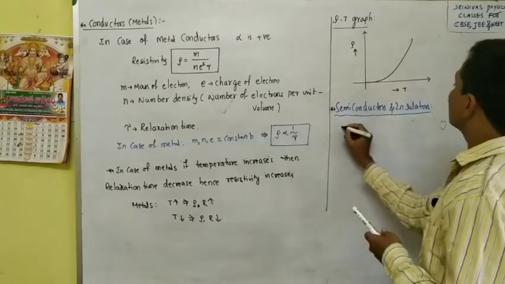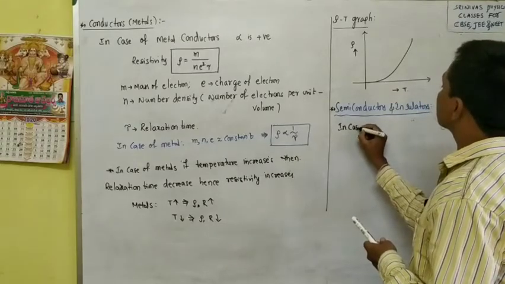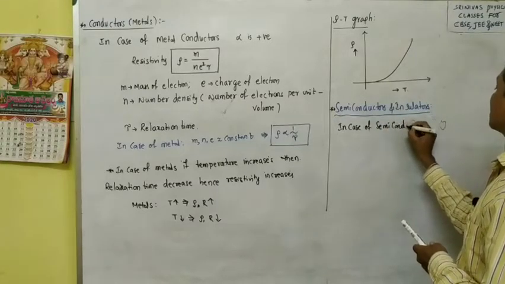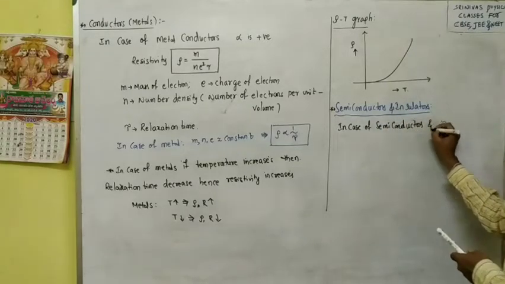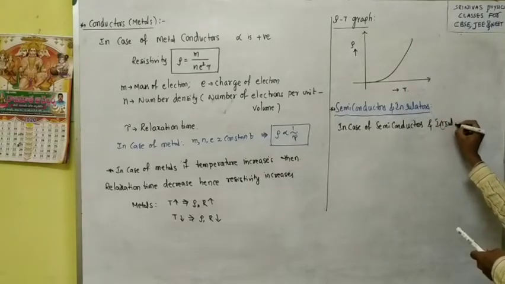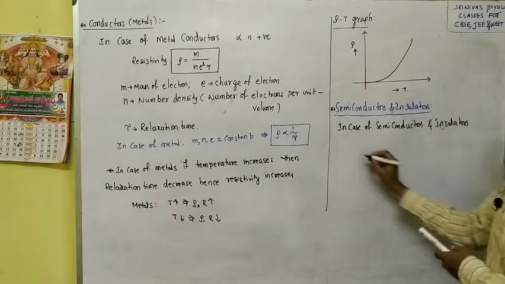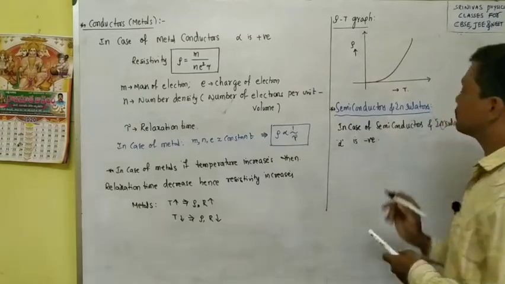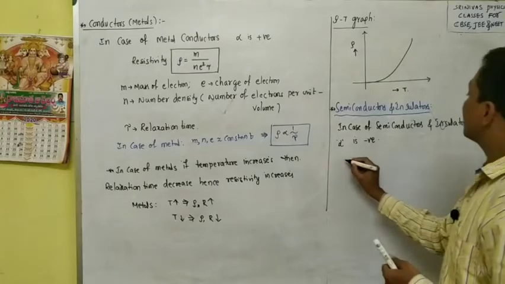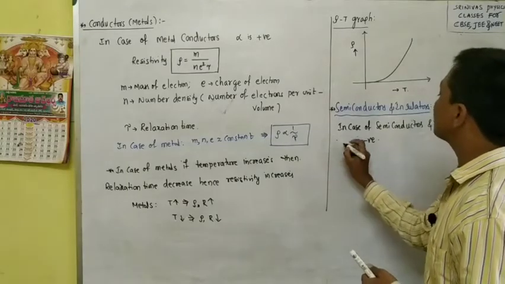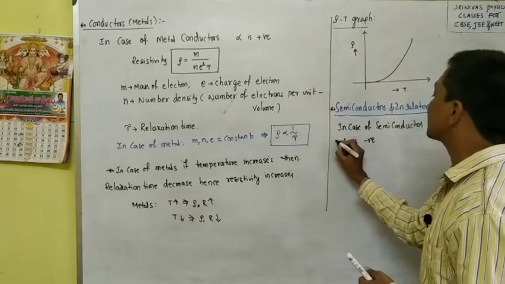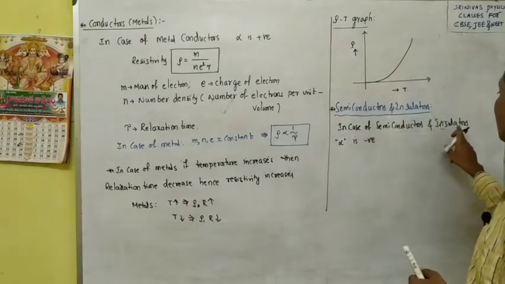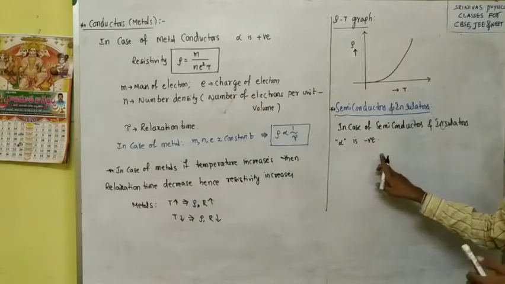And alpha means what? The temperature coefficient of resistivity or resistance. In case of semiconductors or insulators, alpha is negative.